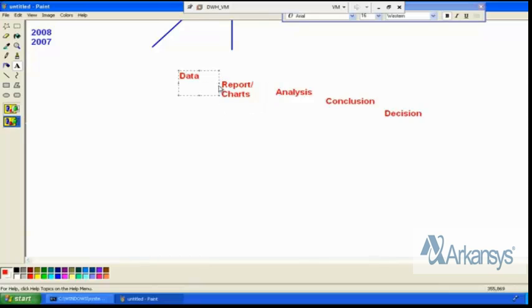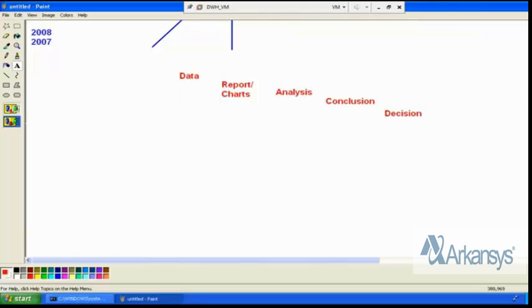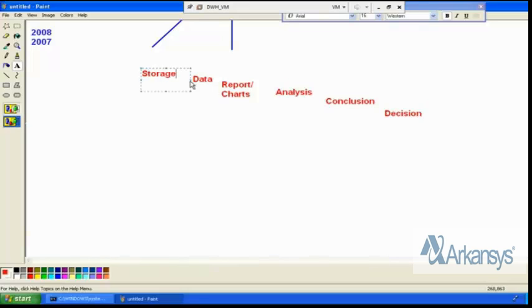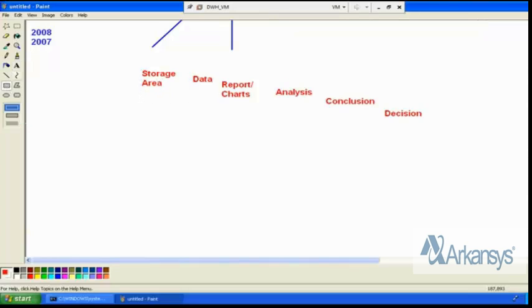Nothing but data. So you have data. To have data, what do we need? We need a storage area. So data warehouse is a storage area used to perform analysis for making a better decision.